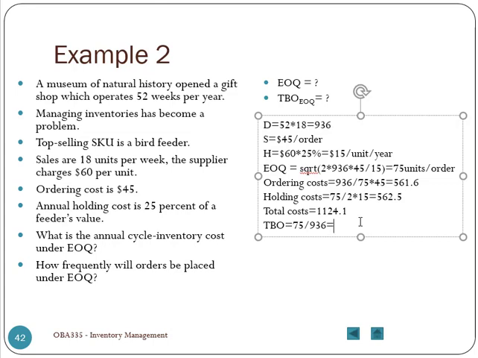It's 0.08 year, and we can convert that into weeks, 52 weeks a year. It's a little bit over 4 weeks. So the cycle time is about 4 weeks. Every 4 weeks or so, you place an order of 75 units of bird feeders, and that's the best inventory policy.